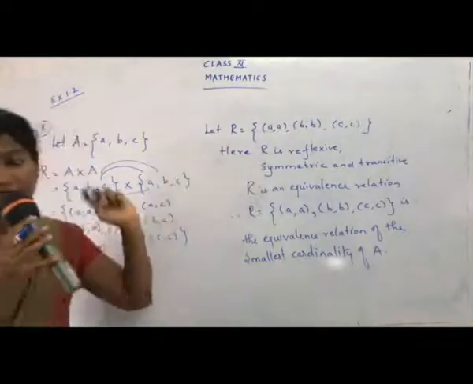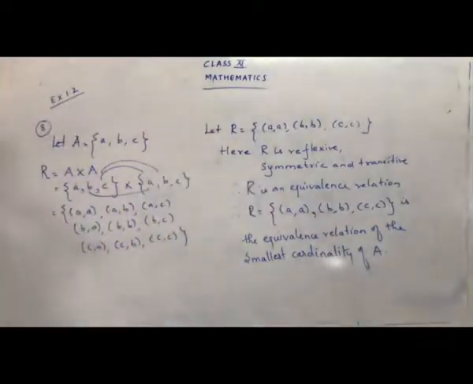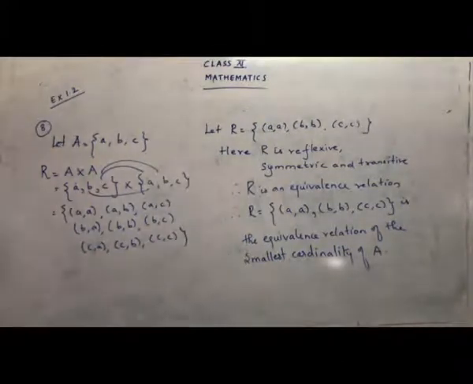So be careful when you choose the ordered pairs. So we have completed the first part, that is we have found the equivalence relation of the smallest cardinality on A. Let's go for the next part of the question, that is you are going to find the equivalence relation of the largest cardinality.